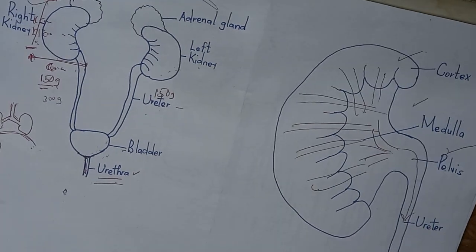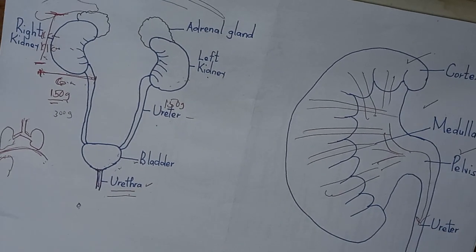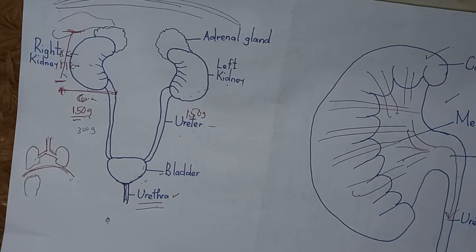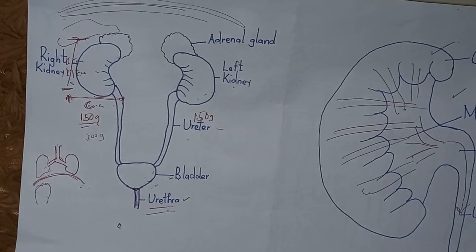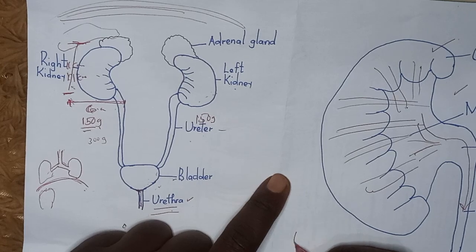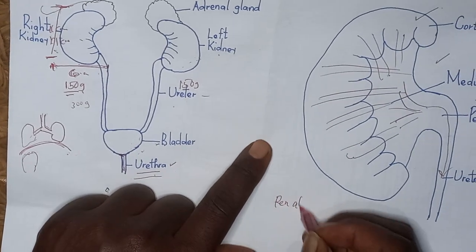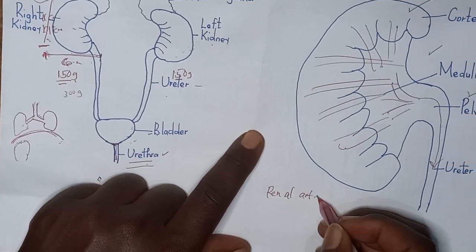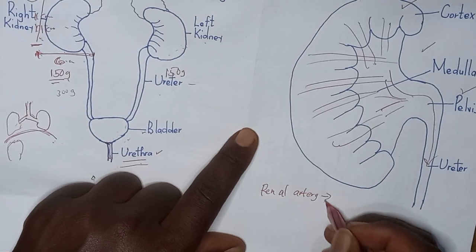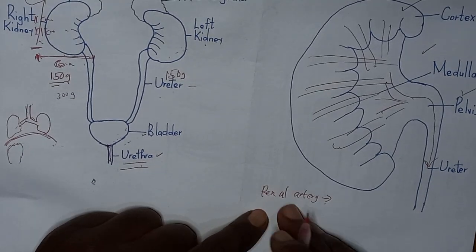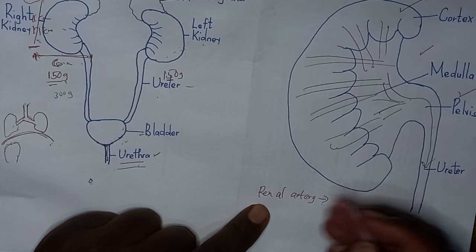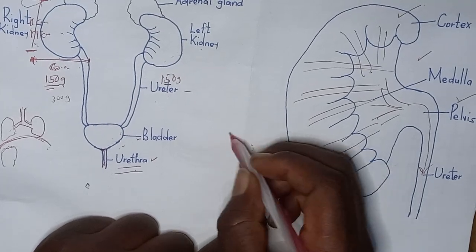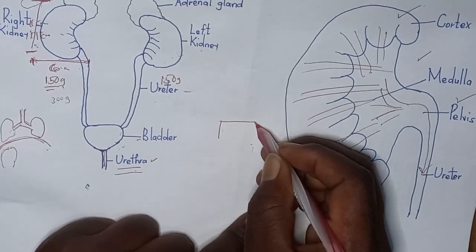The kidney is supplied with blood from the heart through the renal artery. The renal artery is the one that distributes blood to the kidney. So here, as you can see, the blood from the heart, let me draw the heart here.